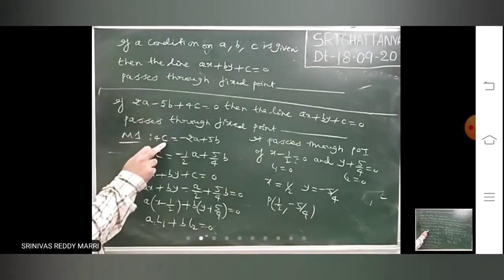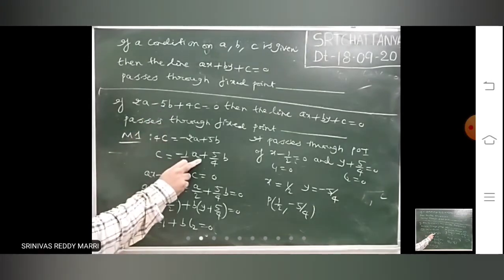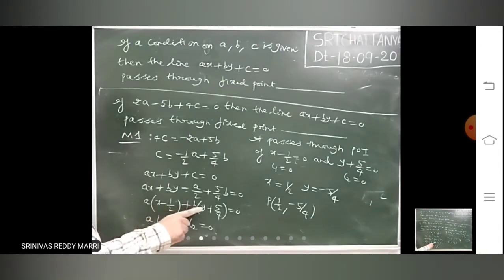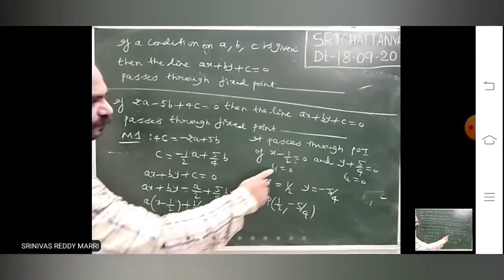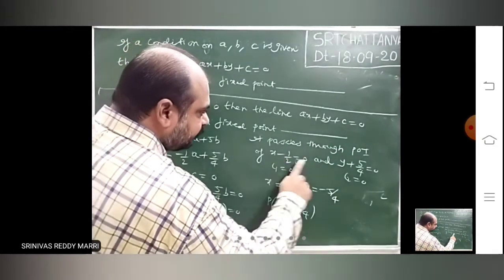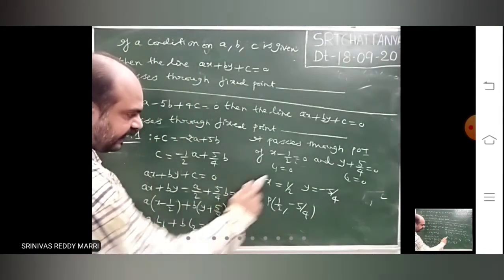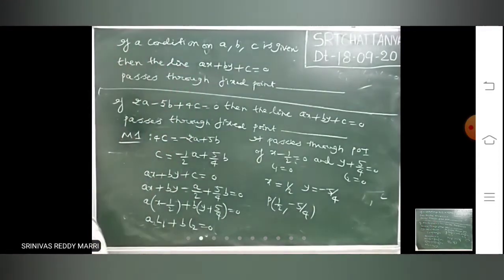Just one condition will be given. Find one variable, substitute C here and bring it to the form A into L1 plus B into L2 equal to 0. That means this represents a family of lines passing through the point of intersection of L1 equal to 0 and L2 equal to 0. So keep L1 equal to 0, L2 equal to 0, solve that, you will get the point.